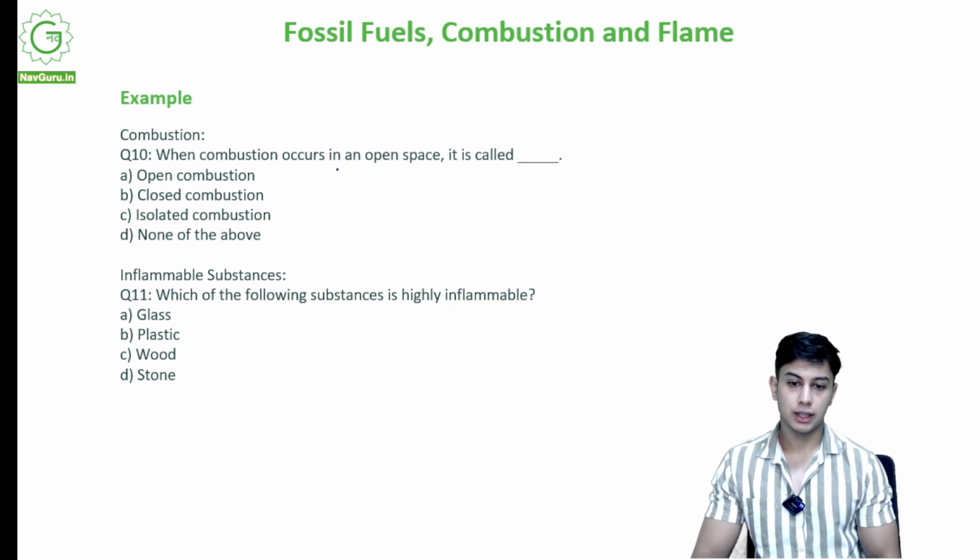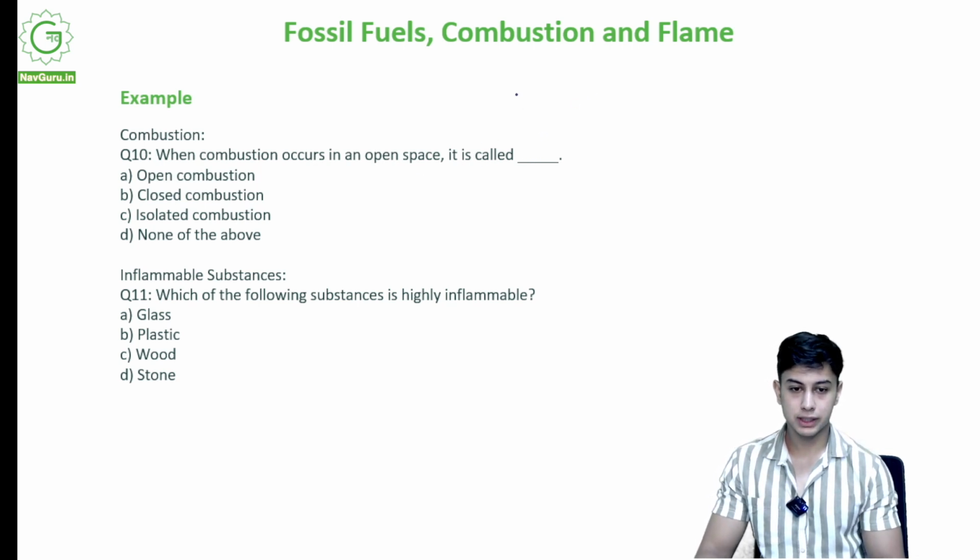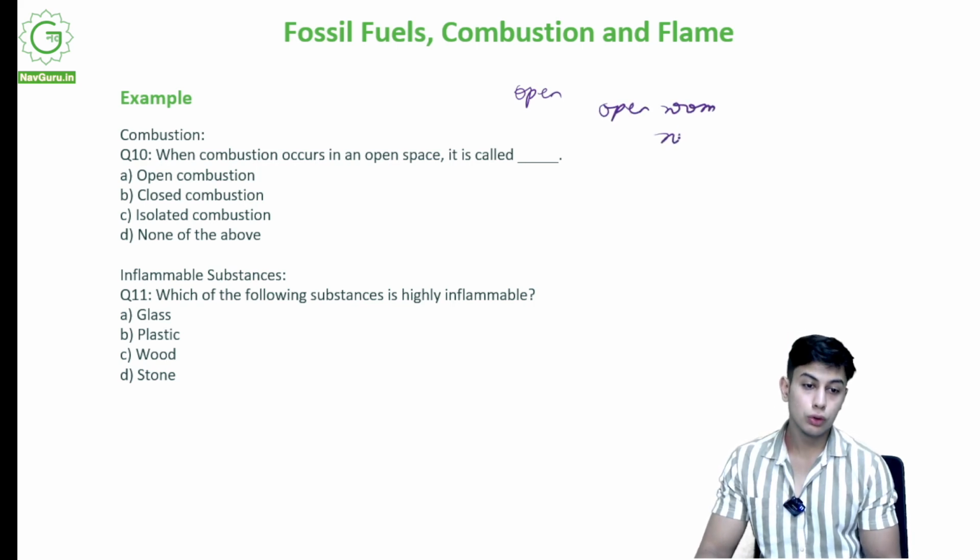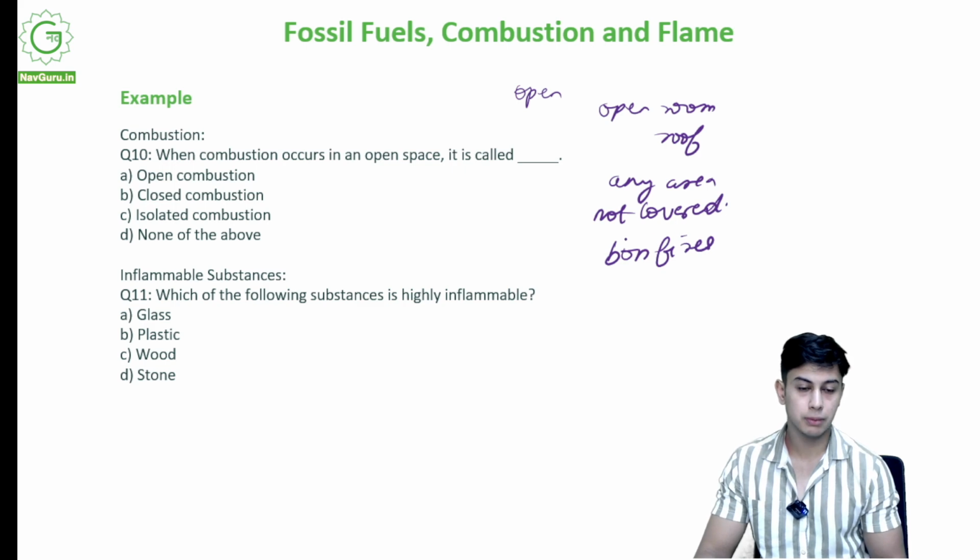When combustion occurs in an open space, it is called what? In an open space, like the name suggests, open means in an open room, roof, any area not covered. So bonfires, you've seen bonfires, that is open combustion.